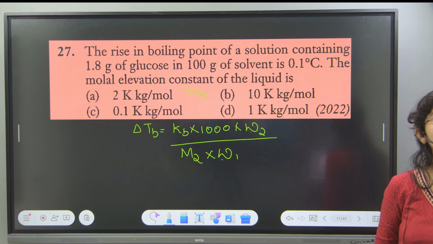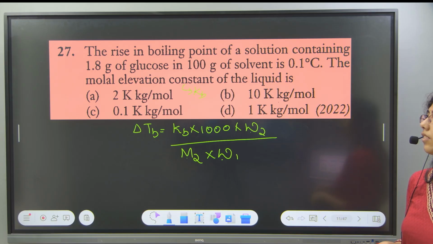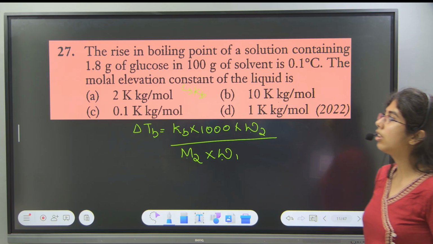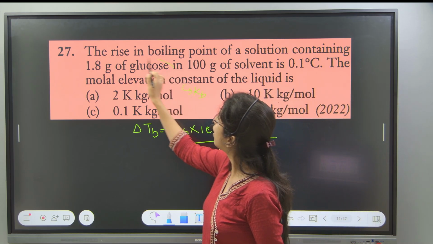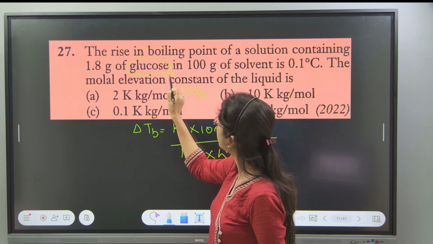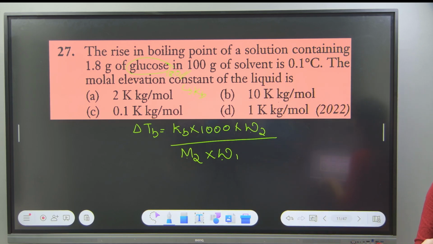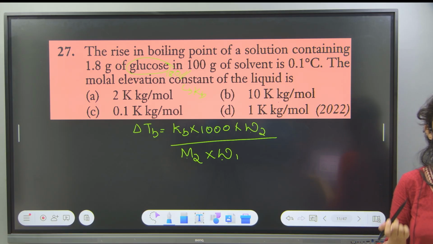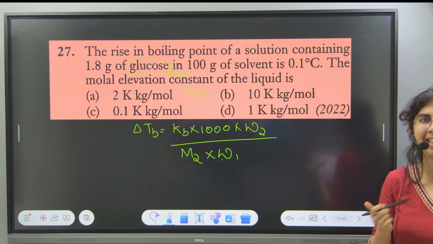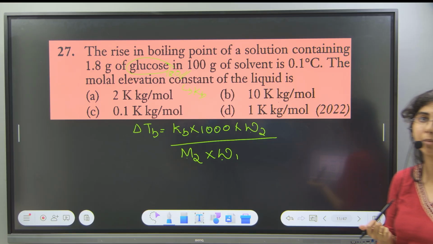You should remember the molecular mass of glucose. We have solved many questions, right? It is 180. Remember the molecular masses of glucose, urea and sodium hydroxide. Kindly remember those. It is not necessary that they will give them every time.